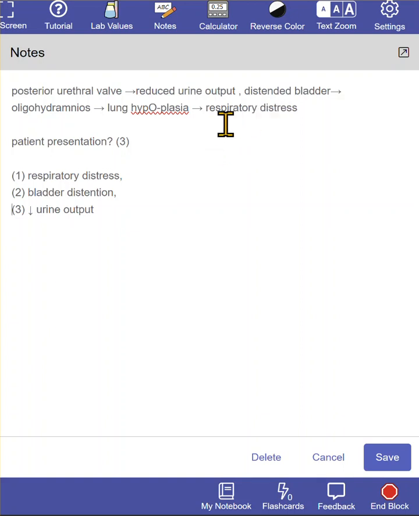And so you develop respiratory distress symptoms in Potter sequence. So the patient presentation of posterior urethral valve is usually respiratory distress, bladder distension, and decreased urinary output.